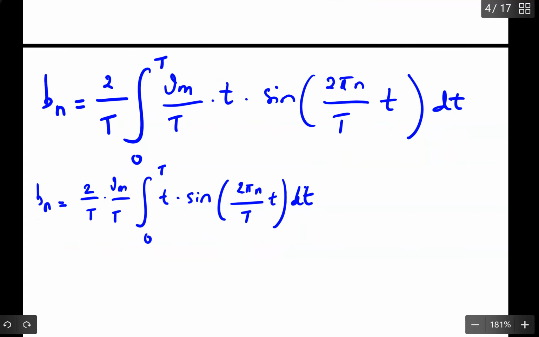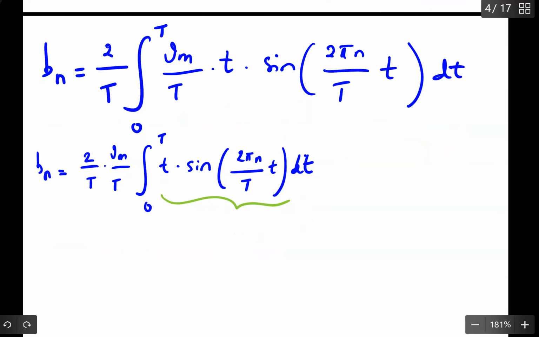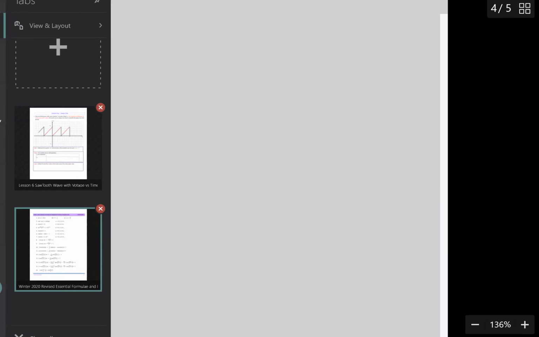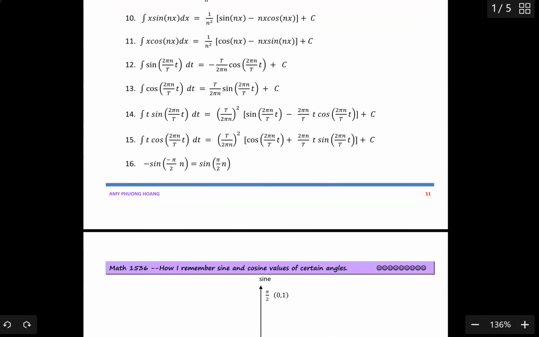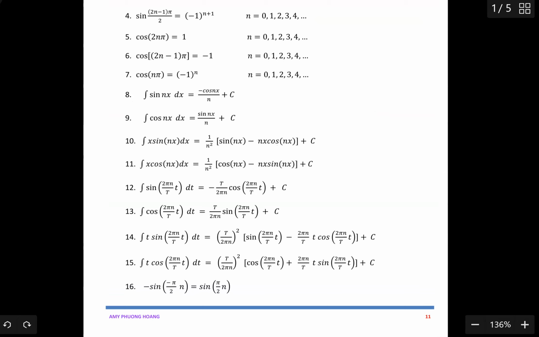Alright, so how do we integrate this? To simplify this process, I actually give everyone the general formulas for this integration. So let's go to our page and go up to our formulas on page 11, and I want everyone to take a look at this number 14.